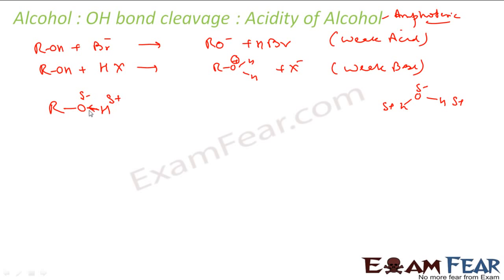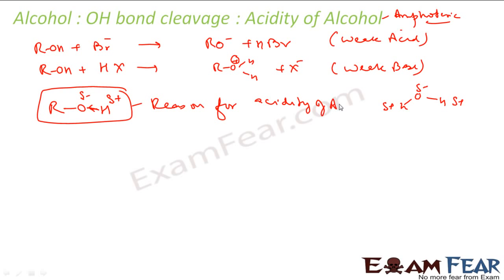And hydrogen gets slightly positive charge. That is the reason for acidity of alcohol. That is, the polar nature of the O-H bond. Same thing in water also, right? We have this polar nature. So this is the reason for acidity of alcohol.